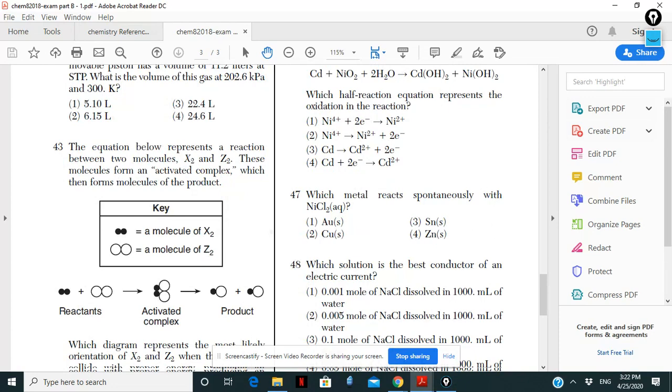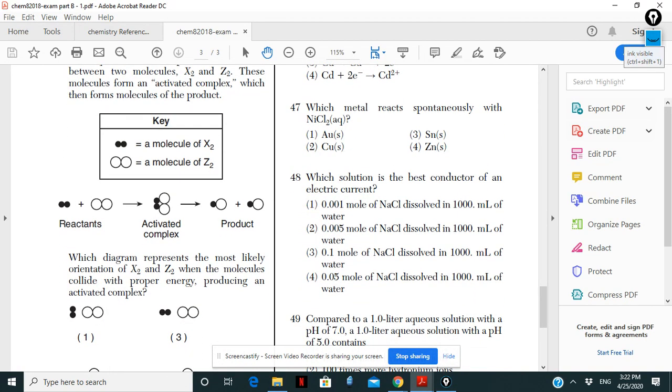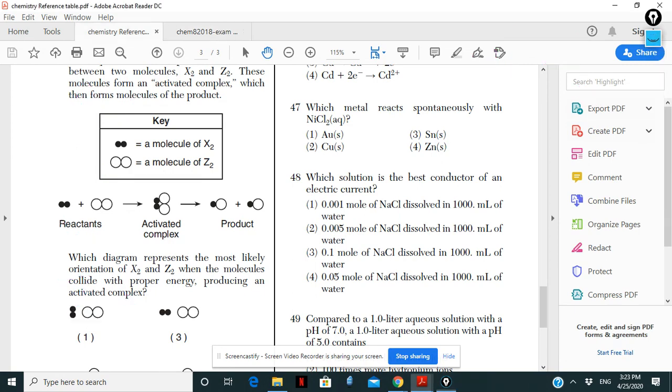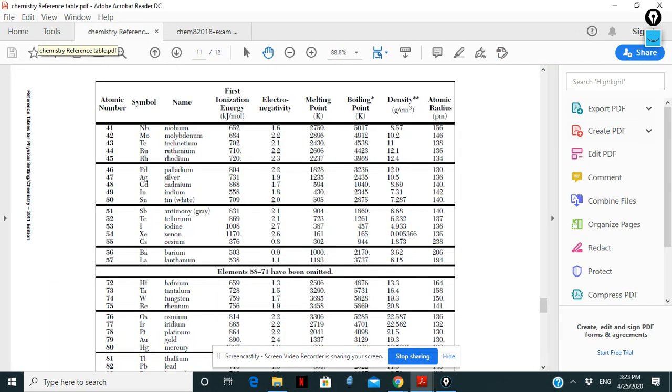Question number 47. Which metal reacts spontaneously with nickel chloride? So first we have Au, Cu, Sn, Zn, and we have nickel chloride. He wants to know which one is more active, so I go to the reactivity series.